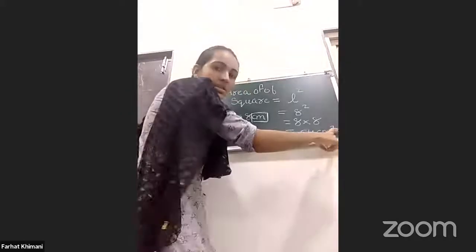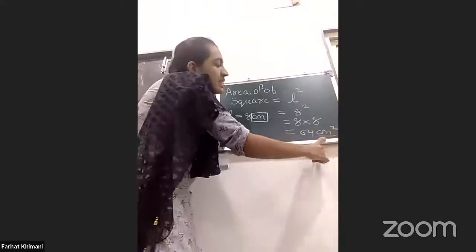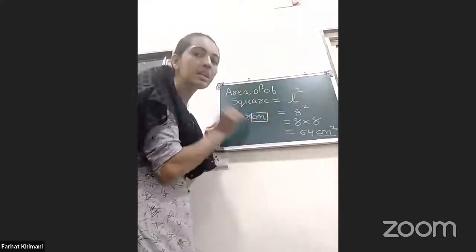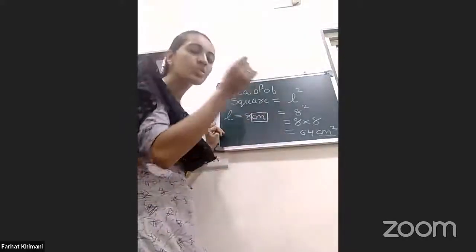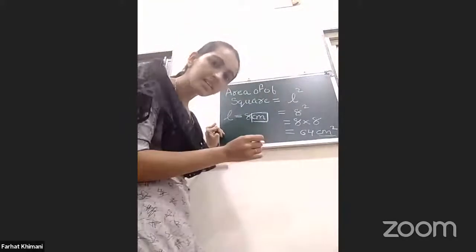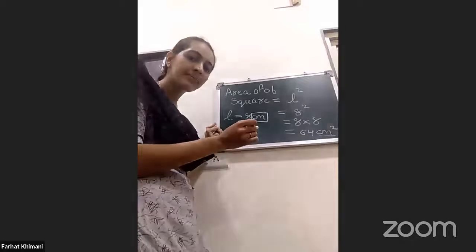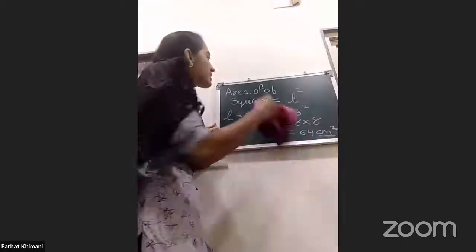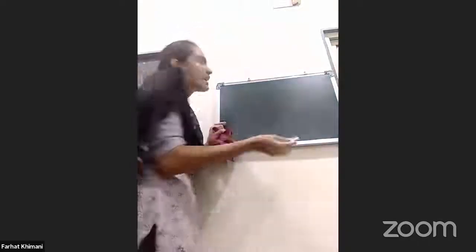We write raised to 2, that is square. Centimeter square, meter square, inch square. Okay? So this is the area of a square, and now we will go with the area of a rectangle.